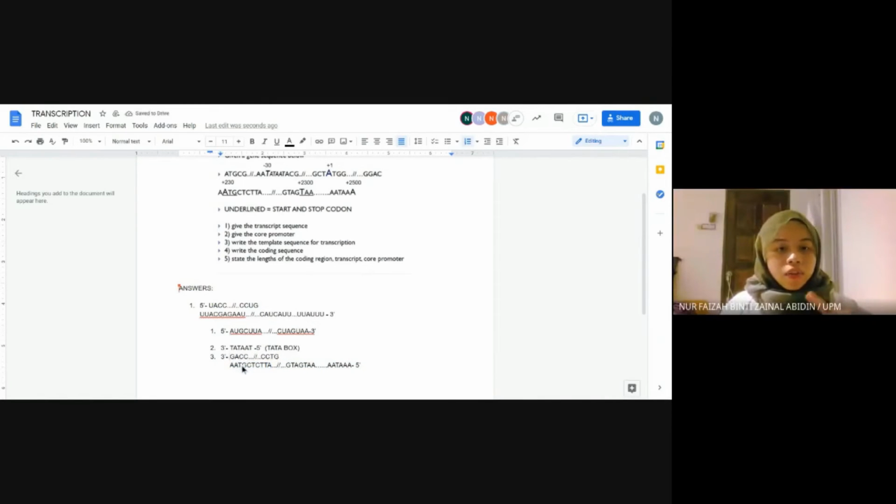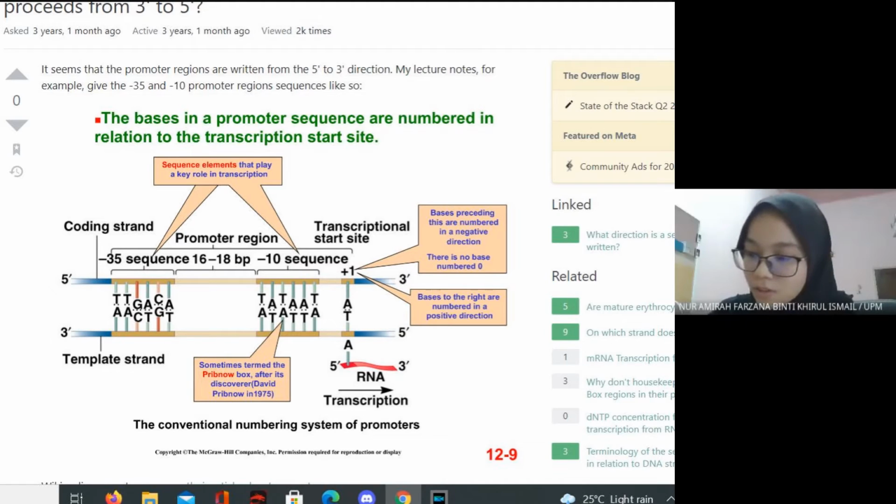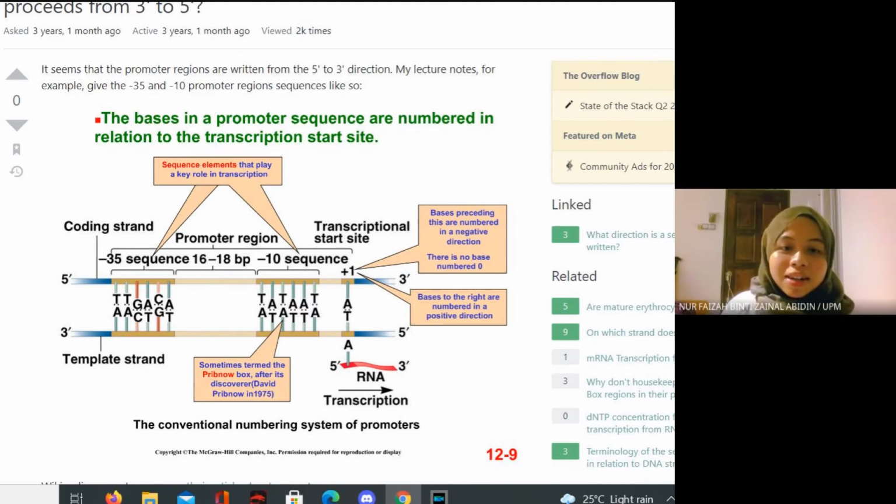Before, I wrote only the ATGG without finding the complementary, because the template sequence is the complementary of the coding sequence. Based on this diagram, as you can see, it's 5' to 3'.